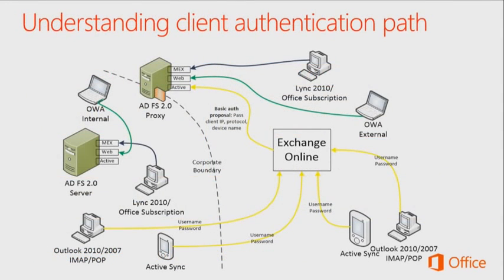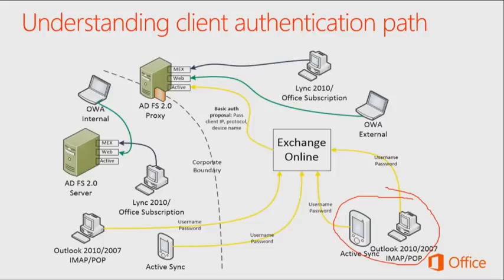All right, so authentication. Understanding the client authentication path. So I'm going to grab my pen here. All right, so here we have some clients, right? They hit the Exchange Online website and submit their username and password. It's then going to go to the ADFS proxy. So it's going to go this way here, to the ADFS proxy.